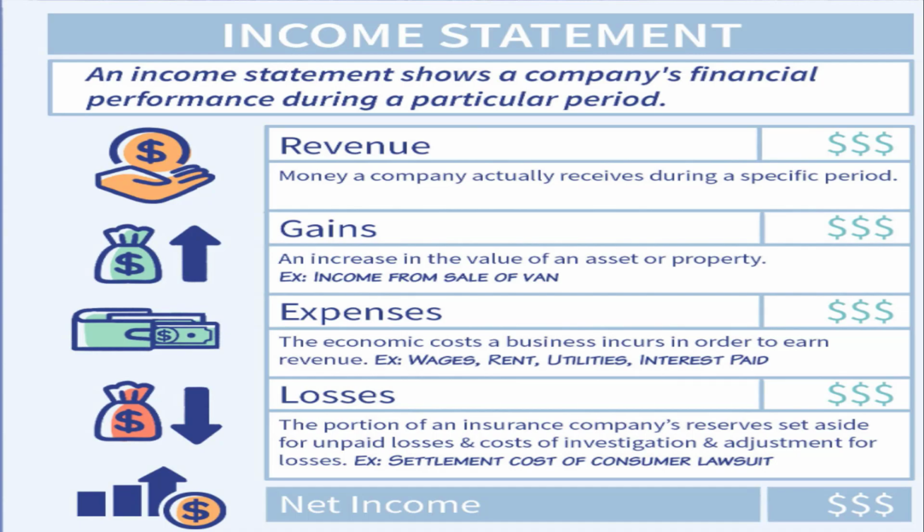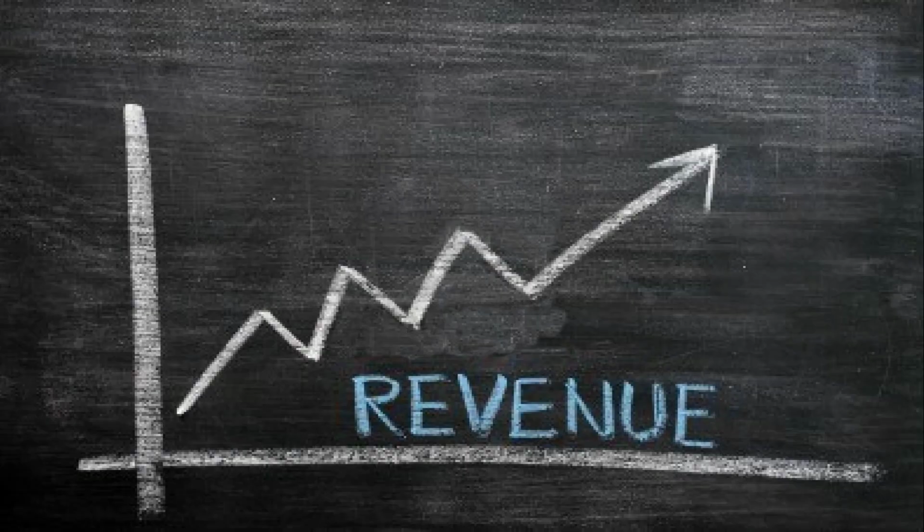One term I definitely want you to be very familiar with is revenues. Revenues are the dollar amounts earned by an organization from selling its goods or providing services or performing various business activities. Another term you should be familiar with is gross sales. These are the total dollar amount of all the goods and services sold during that accounting period.